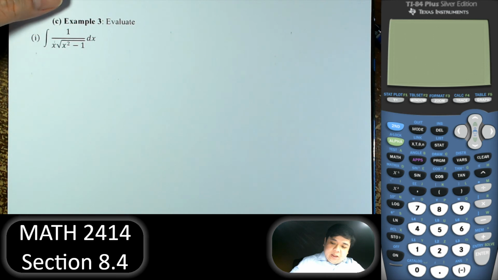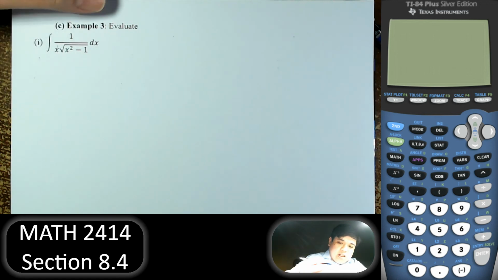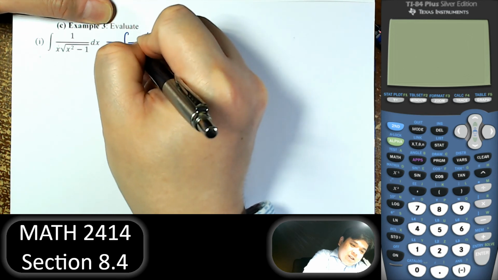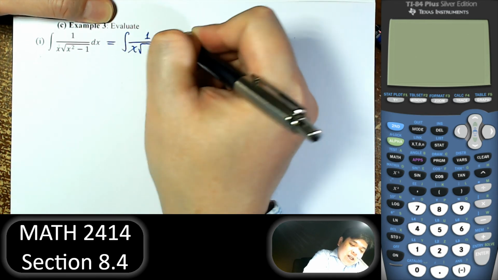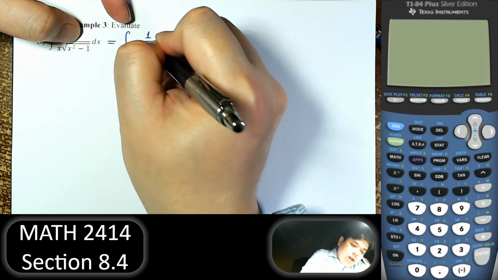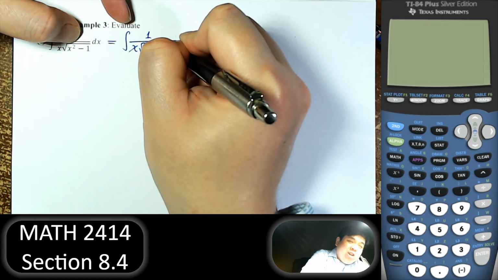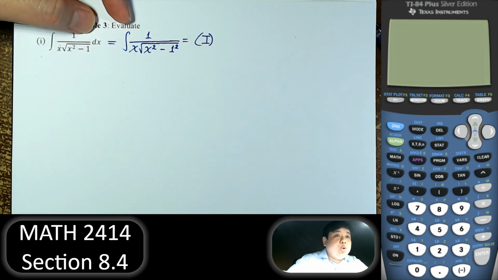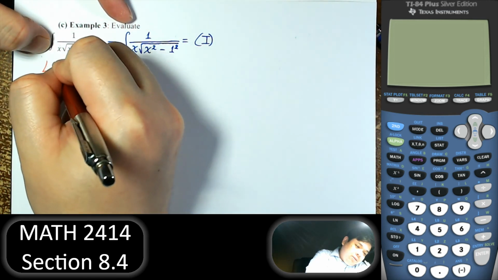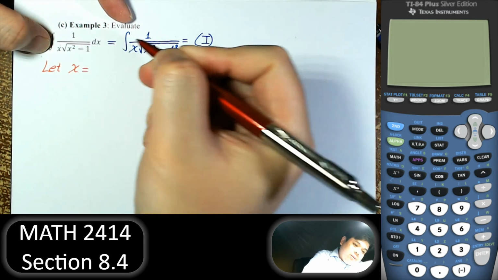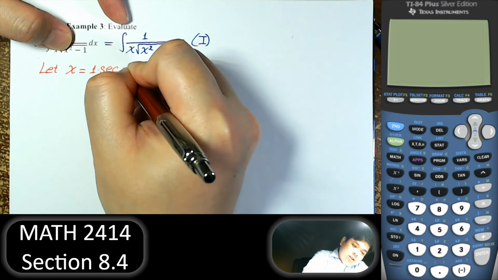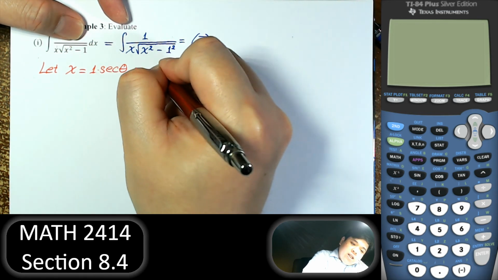Right. So that's good. I just want to write it. It looks silly, but here we just have x squared minus 1 square. It looks silly, but this is in the right form. So the substitution here is secant: x equals 1 secant theta, or just secant theta.